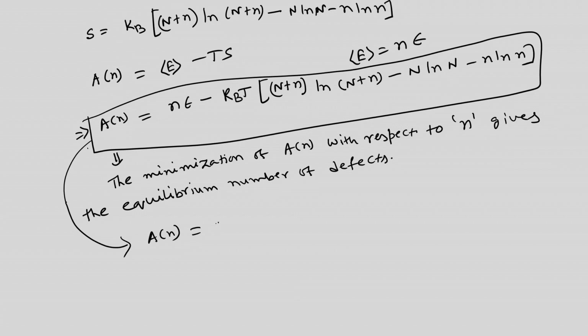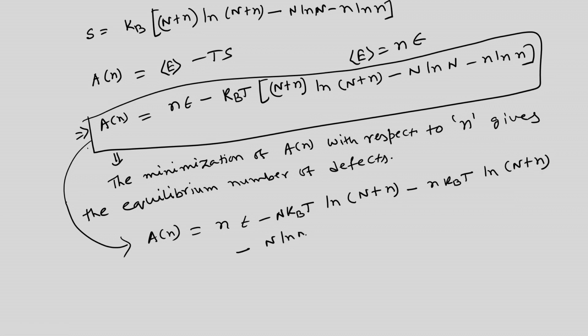So, A(n) is n epsilon minus kBT (N plus n) ln (N plus n) plus kBT N ln N plus kBT n ln n.